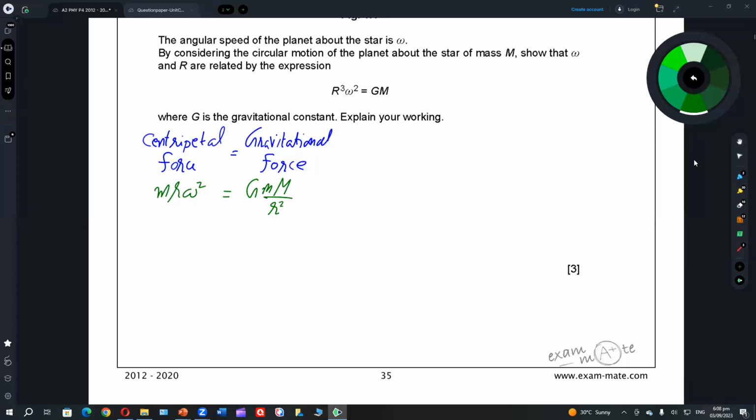So work out with me. A small derivation is there, and this is according to Kepler's third law.